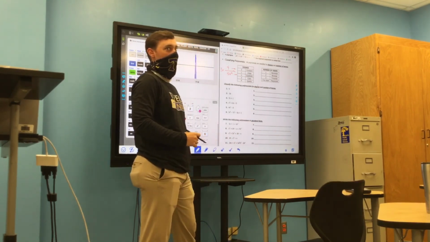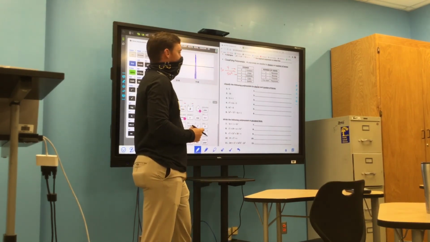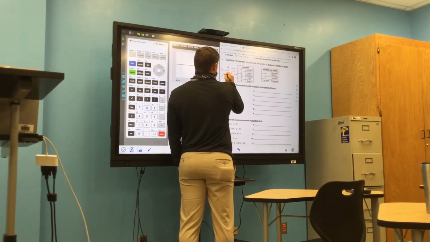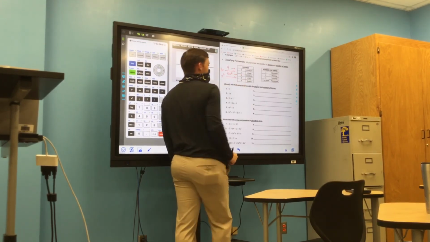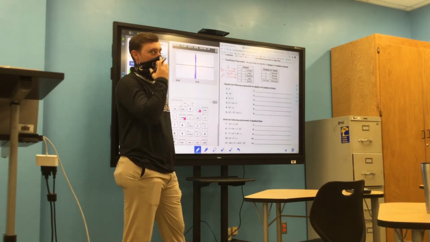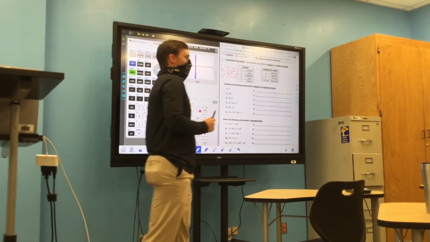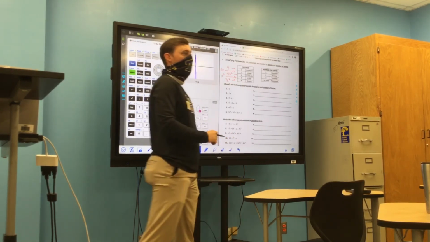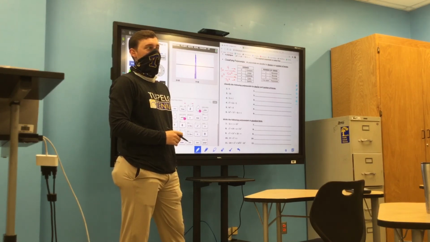Y'all focus, okay? The cubic would be something like x to the 3rd power. Y'all should write this down. This is good notes. And then the quartic would be something like 7x to the 4th power. All based off your exponent.